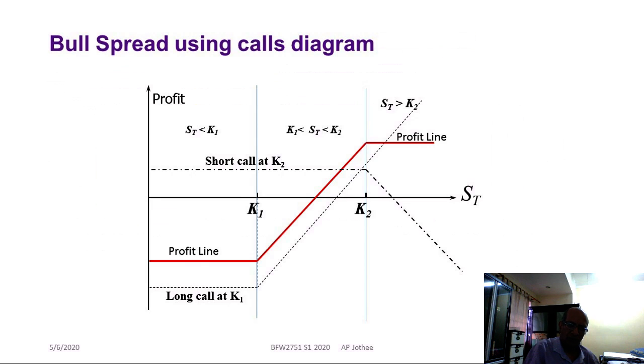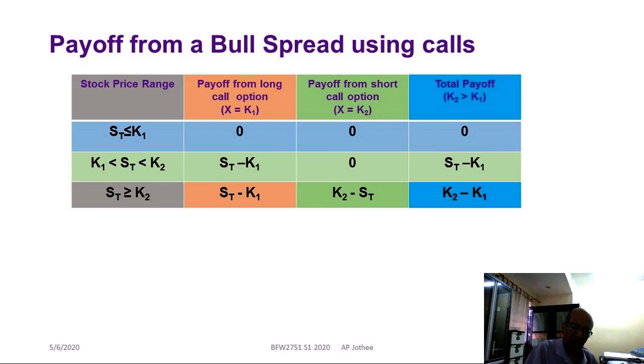But looking here, if the ST is above K2, this is the most happening place. Why? Because your long call at K1 will be exercised. At the same time, the short call at K2 also will be exercised. When ST is above K2, your payoff from the long call is ST minus K1.